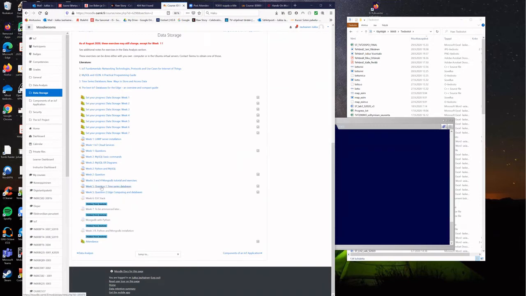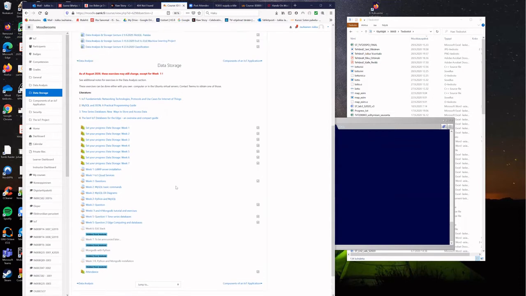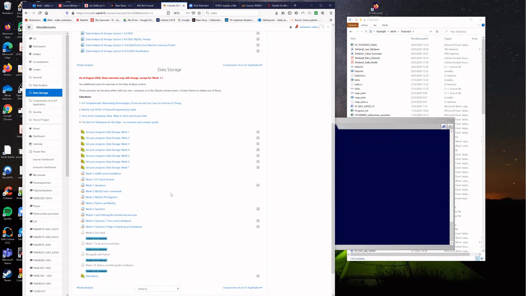These are old ones, which you can see there. Only one task for data storage for week 6, because we are running out of time. And it's okay if you can't do one of the exercises.